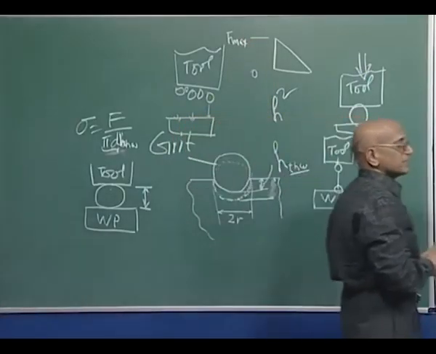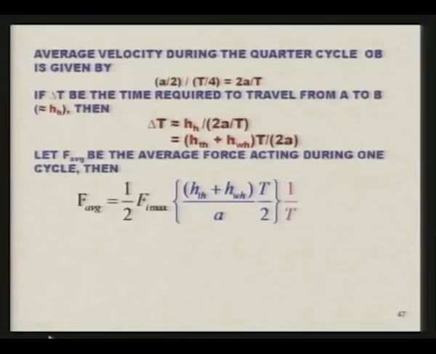That is the first term, and (h_T plus h_W) multiplied by T divided by 2A gives you the time delta T during which this force is acting, and capital T is the cycle time. So, this will give you the average force.